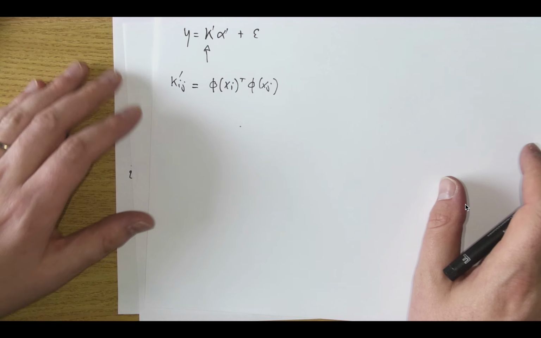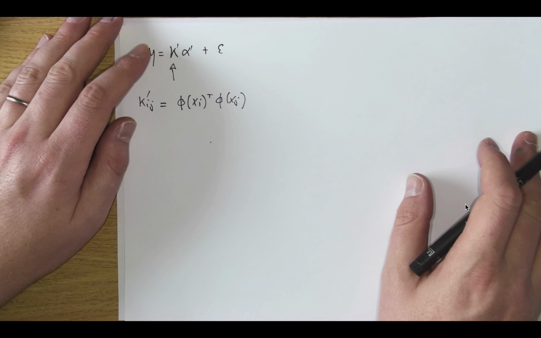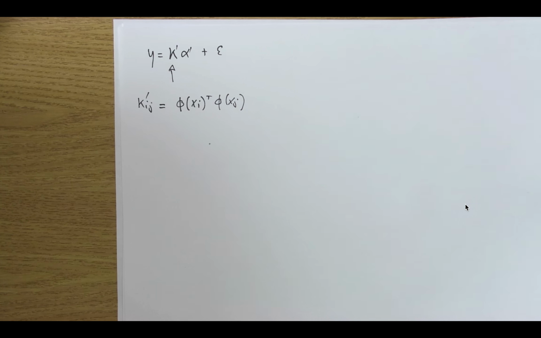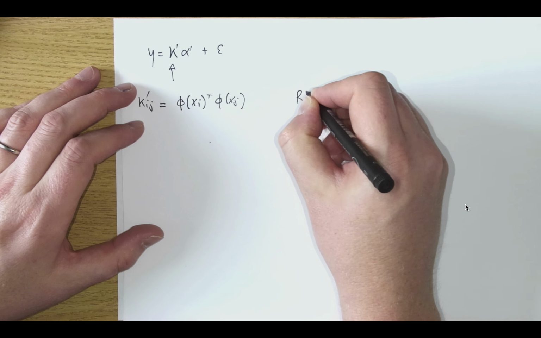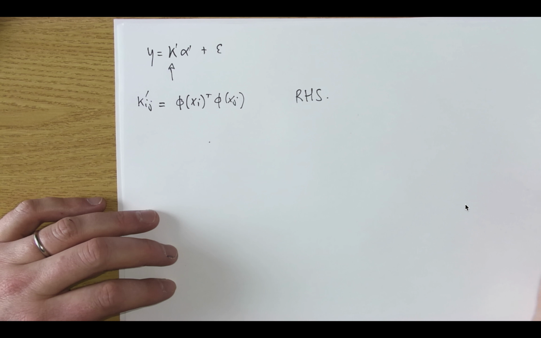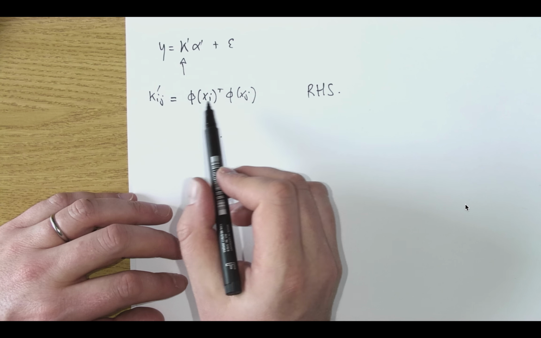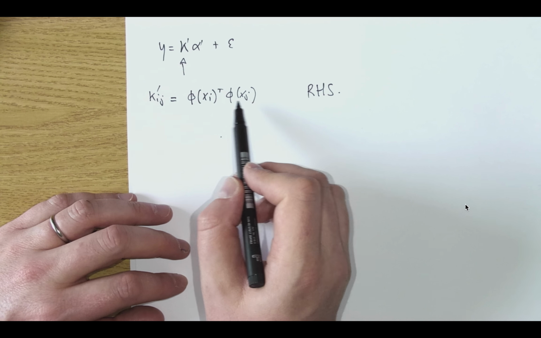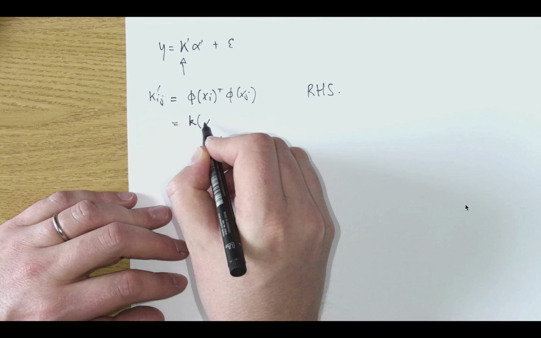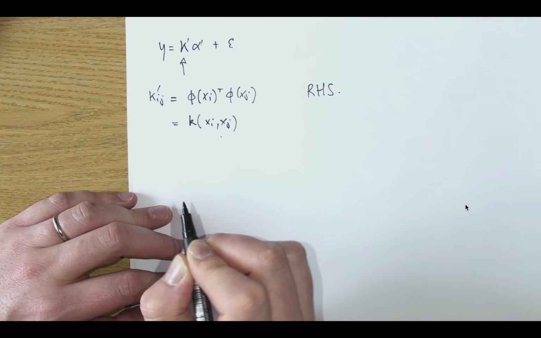Now, the thing people realized, and this comes from the theory of reproducing kernel Hilbert spaces, sorry, I'm coughing, the RKHS theory, is that we could bypass that step, okay? We just say, well, you know what? This is some kind of function of xi and xj, okay?